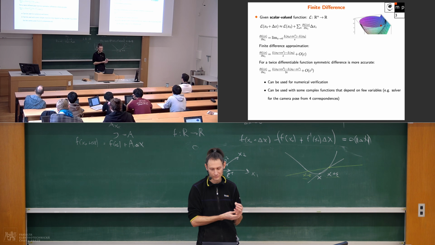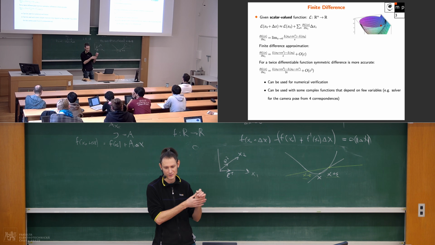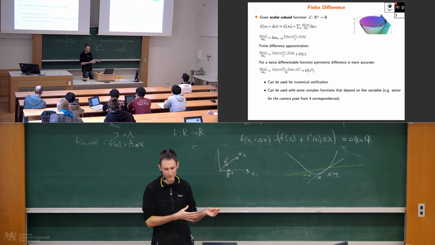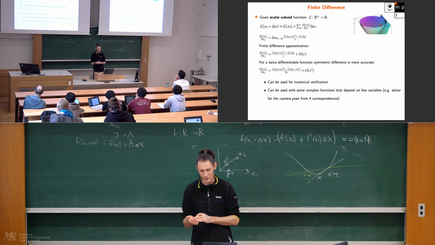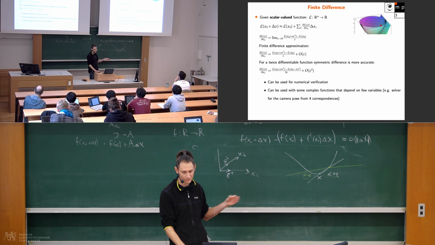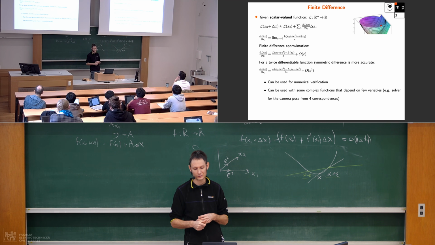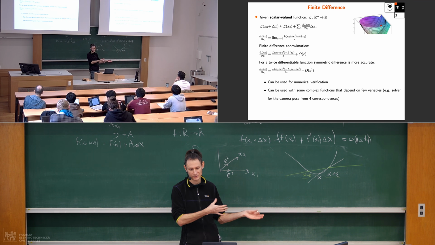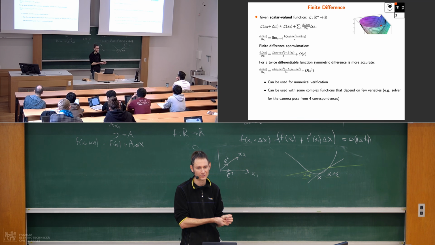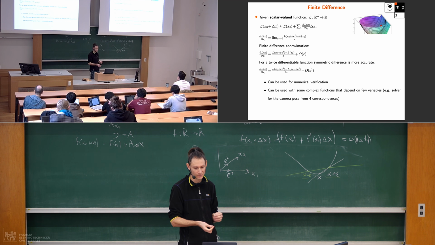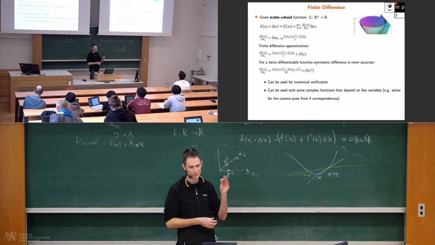As for how this can be useful, one thing is that you have maybe some sophisticated function for which you have implemented an analytic solution, but you want to check it. And then this is a straightforward way to check that your derivative computation was correct. The other application could be if you have something which is not obvious how to differentiate. For example, you have some numerical solver that solves some system of polynomial equations, and it maybe depends on only a few inputs, and in this case it is just cheaper to compute these finite differences with respect to each of the inputs.